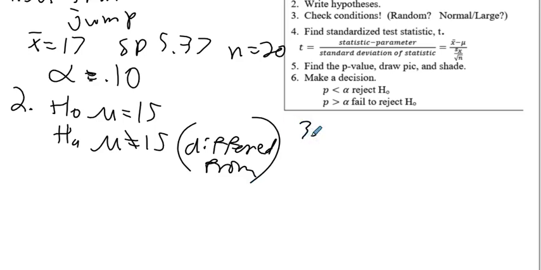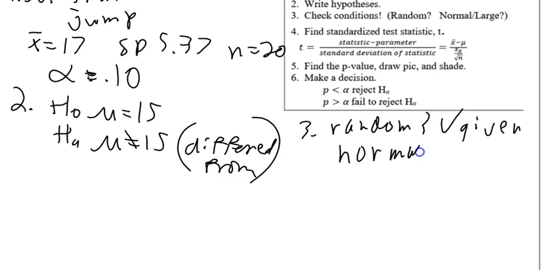Number 3, check our values. Random? Yep, it was given. It said it was random. Normality. Normal? Okay, it does not say that it was normally distributed. And our n is only 20.